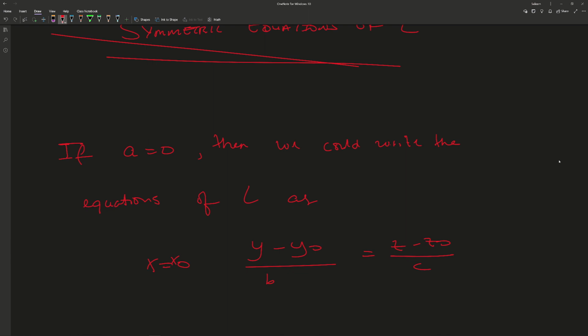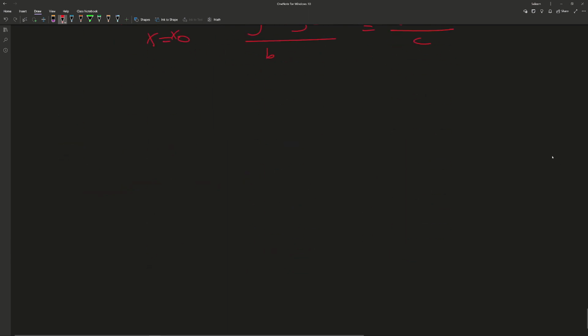So just like before, let's do an example with these symmetric equations. This is example number 2. Let's use as well the parametric equations from before, so let's combine all the theory.